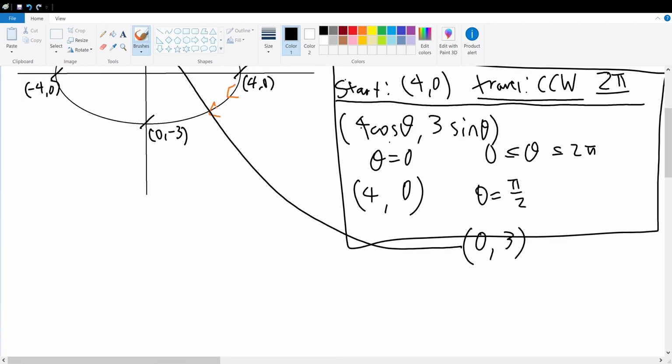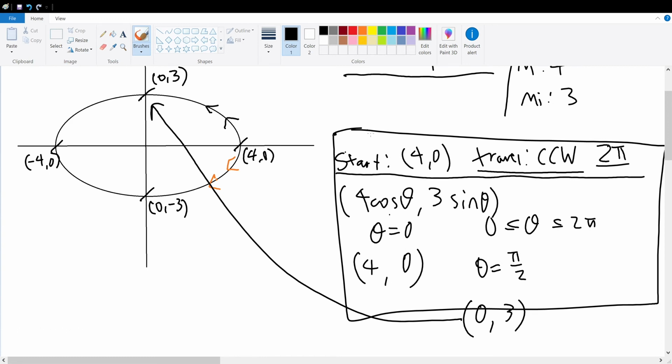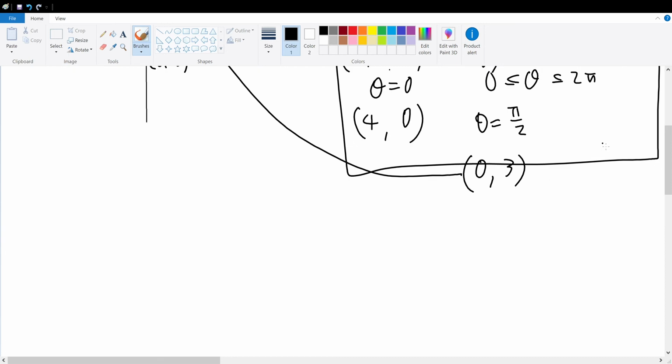Then we move on to our second parameterized equation, where I want to start in the opposite direction. I want to start at negative 4, 0 instead of 4, 0. How am I supposed to flip the starting point 180 degrees across the y-axis? Well, we must change our parameterized equation.